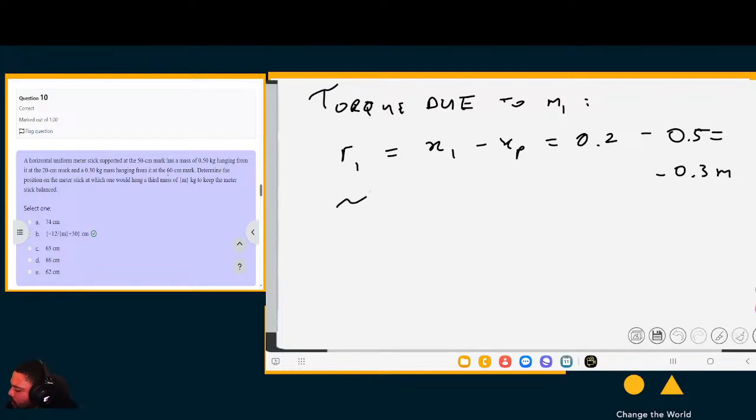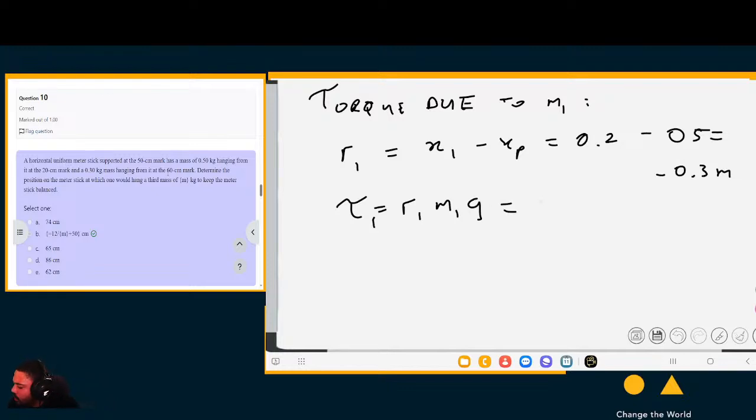So that is the distance r1, and the torque would then be equal to r1 times the force created by the first mass, which is m1 times gravitational acceleration.